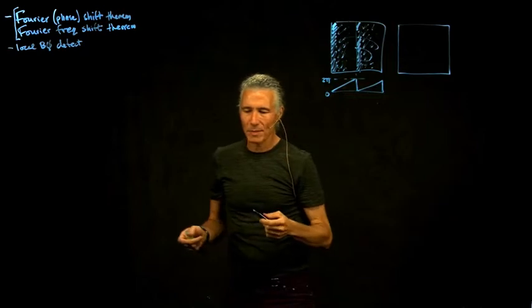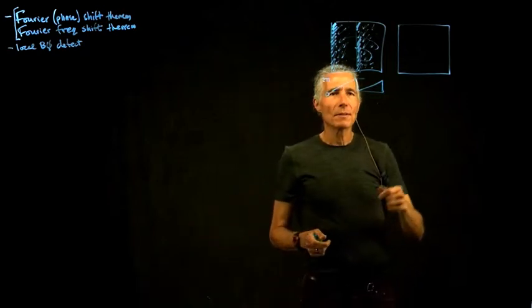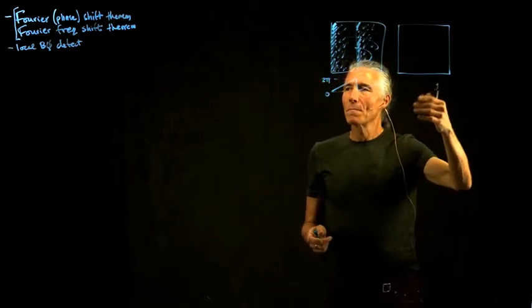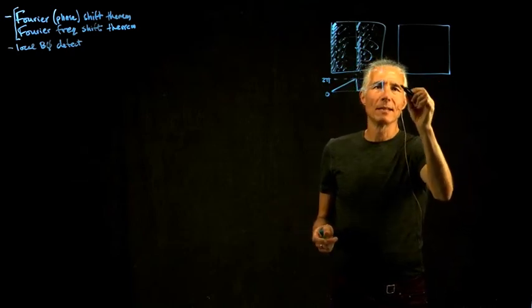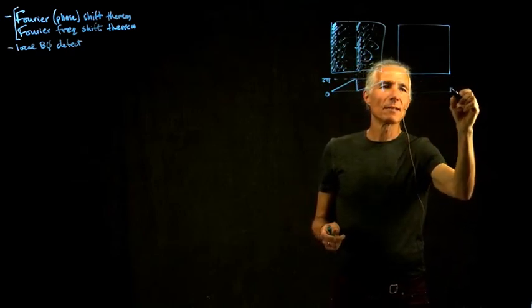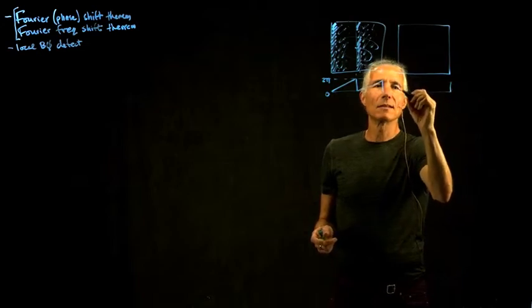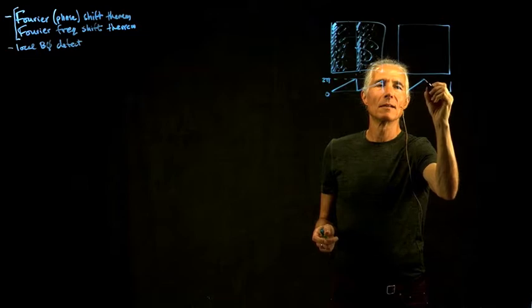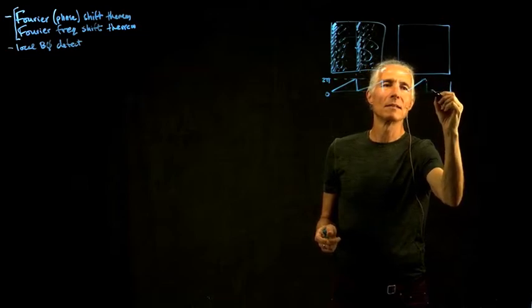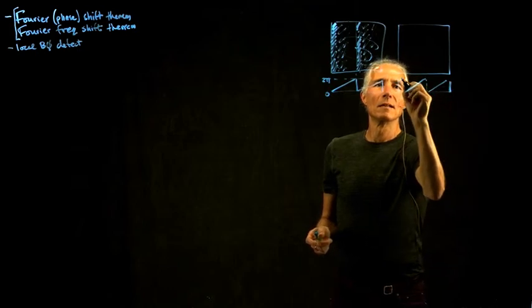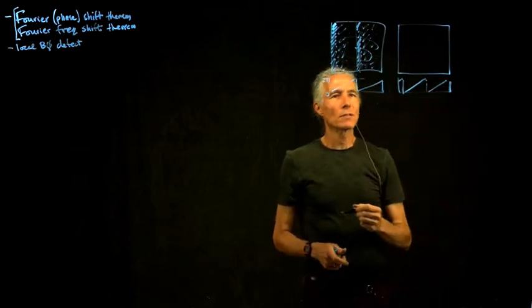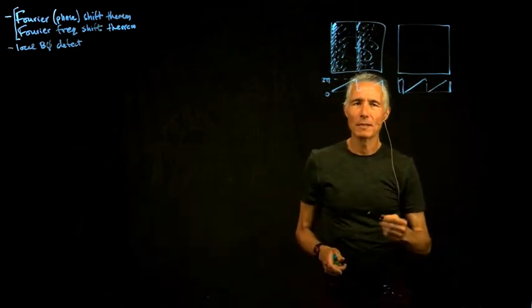Let's say the B0 was underestimated, and so the B0 was actually bigger than we were expecting. That's going to cause a phase shift. It'll look something like this. It's just going to move the stripes.